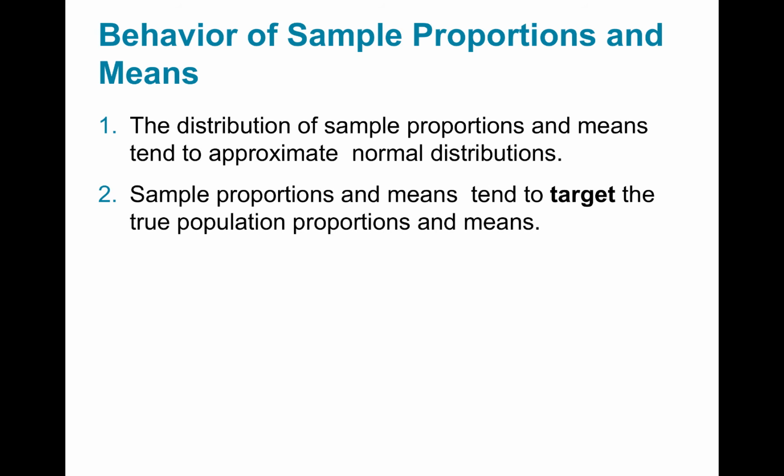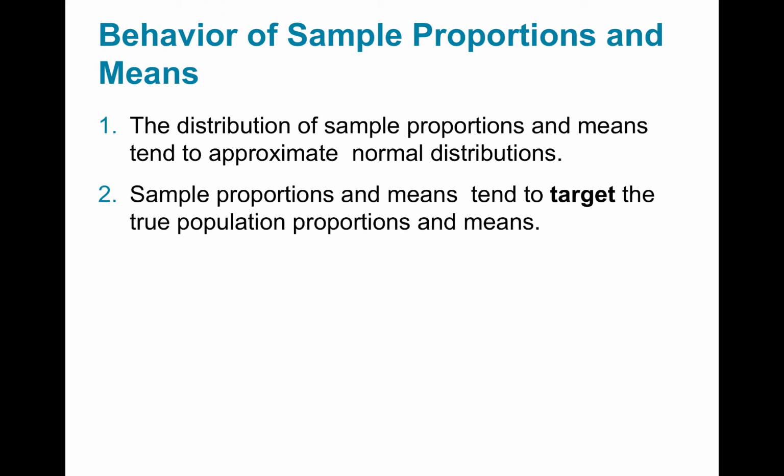The behavior of sample proportions and means, well, they tend to be normally distributed. And actually that will hold if the original distribution is normal, or if the sample size is bigger than 30.